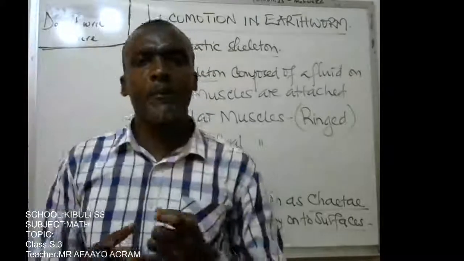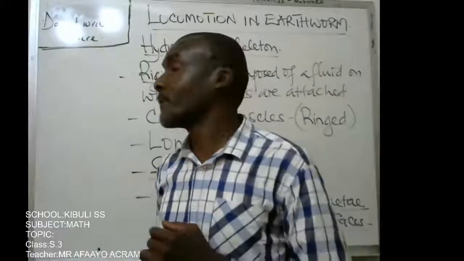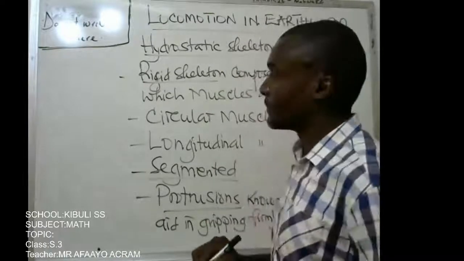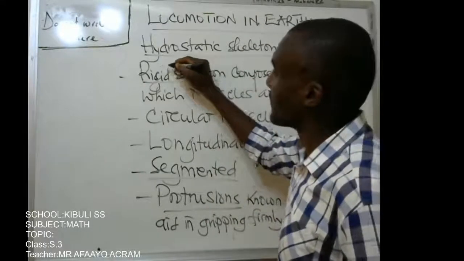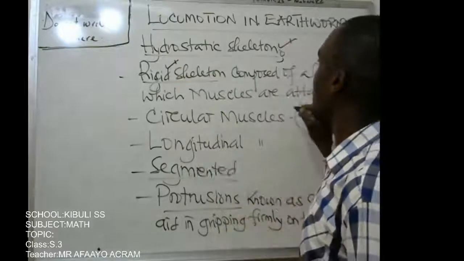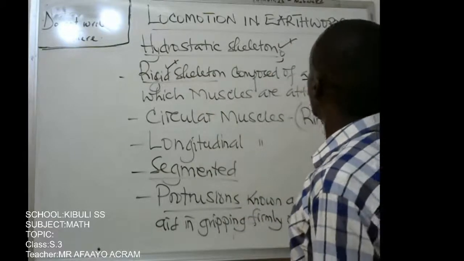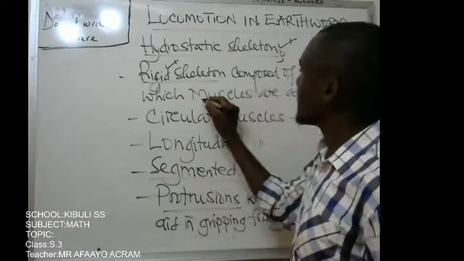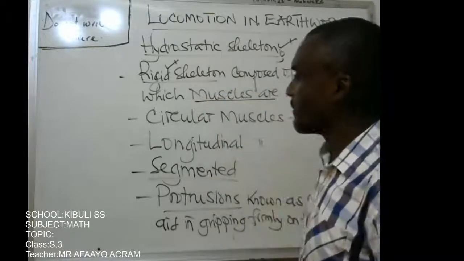Note the type of skeleton of an earthworm. It is a hydrostatic skeleton, which is rigid enough to provide firm support. It is made of fluid, and the fluid provides the surface for attachment of the muscles.